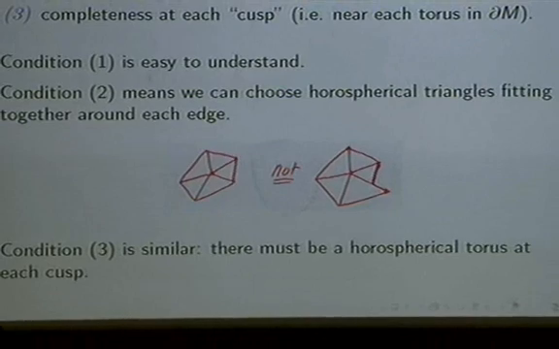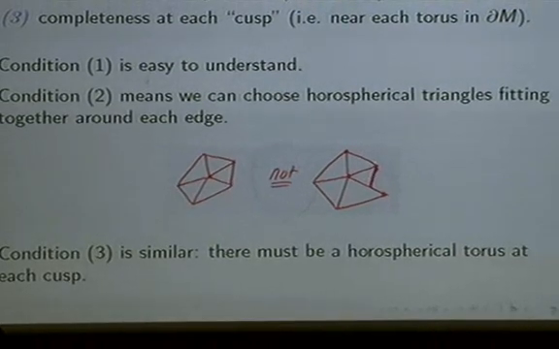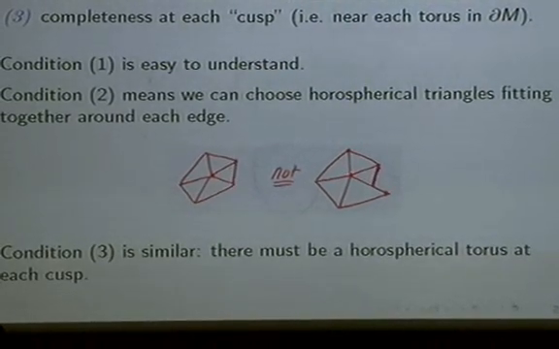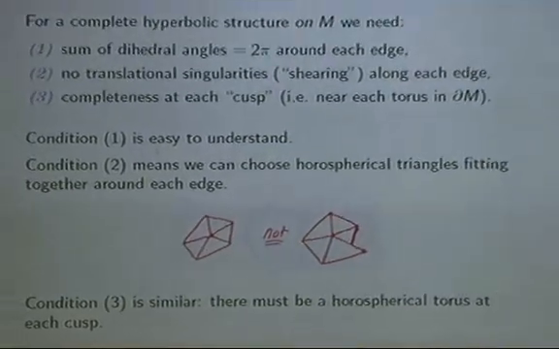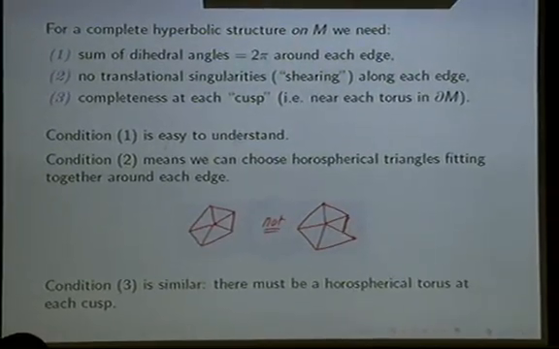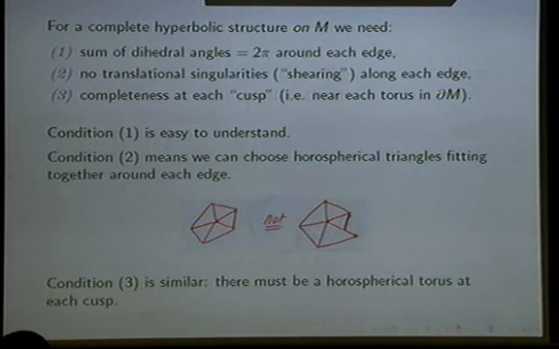The sort of thing that could go wrong is you might start off with one triangle, you go to the next triangle in the next tetrahedron, you keep going around the edge, and you might come back, even if the angle is 2 pi, with a different length to what you started with. So this is the situation we want to avoid.